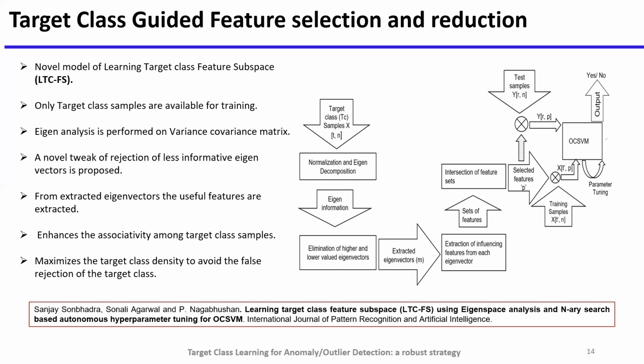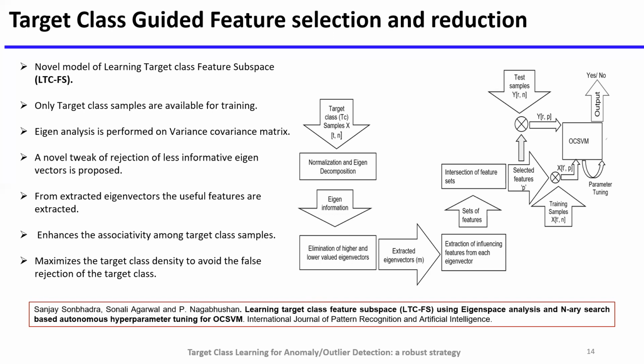So now our technique has been proposed, and based on these eigenvalues, eigenvectors have been rejected, and those eigenvectors are computed with the help of feature values, and a way of extracting which features are important in each eigenvector. Okay?